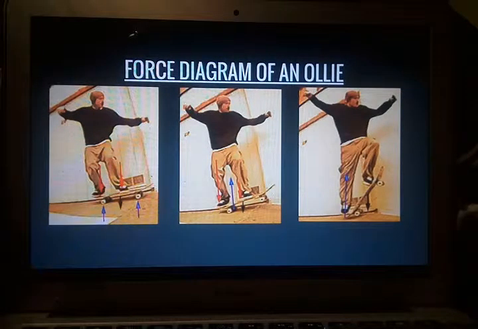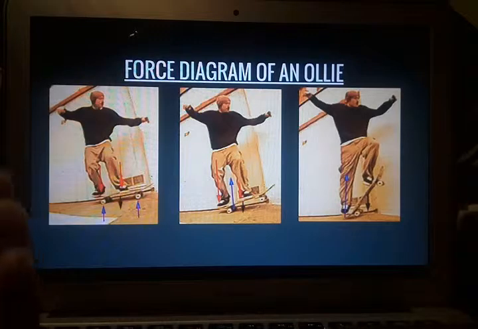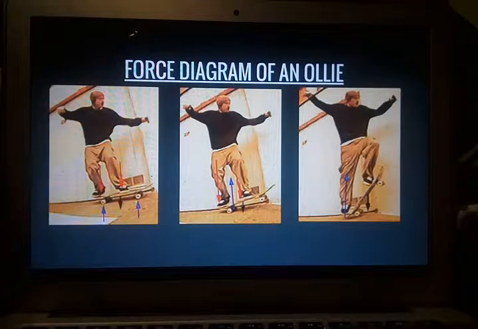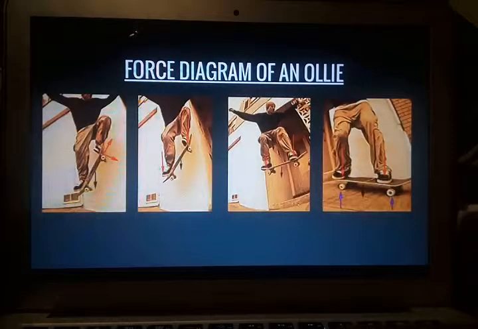The little black arrow represents gravity, and we see how the distribution of the force of the rider is actually concentrated in the back, and this will provide that pop where the normal force is going to transfer that energy upwards, and one side of the board is going to lift up at an angle and create that vertical upward force, or that pop in an ollie.